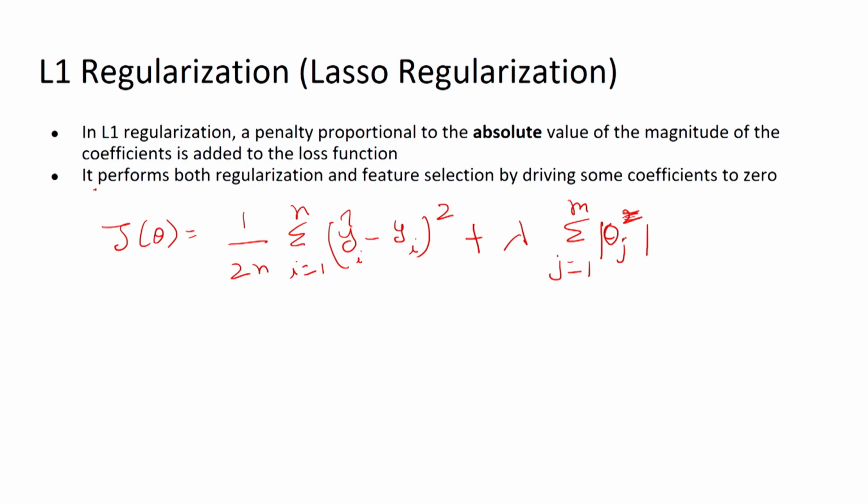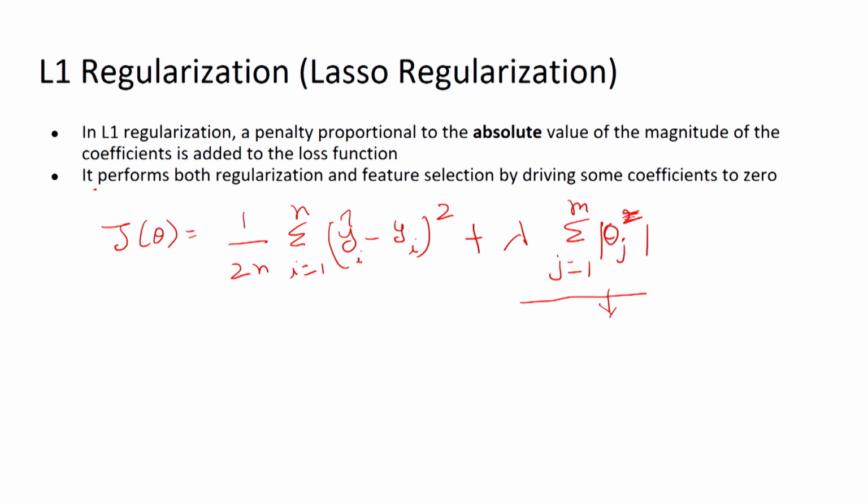In case of L2 regularization we have taken theta j square, in case of L1 regularization we are taking mod of theta j. So, we added this term, and again this term will help us shrink values of theta j, but in this case even some coefficients may become 0, because we have not taken the square here, we have taken the absolute value of theta j.